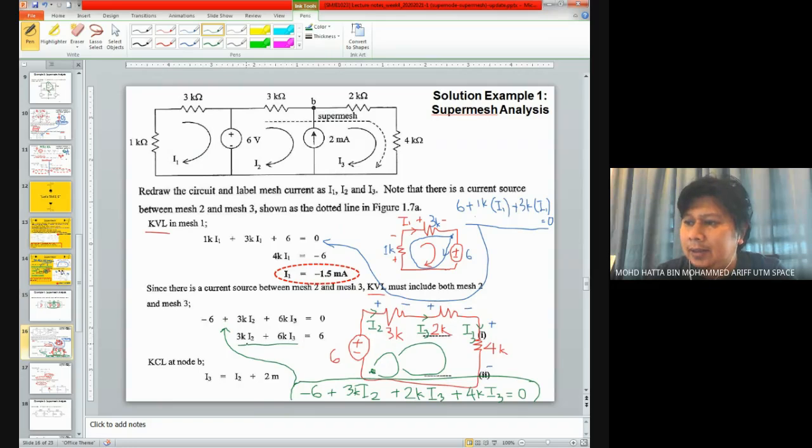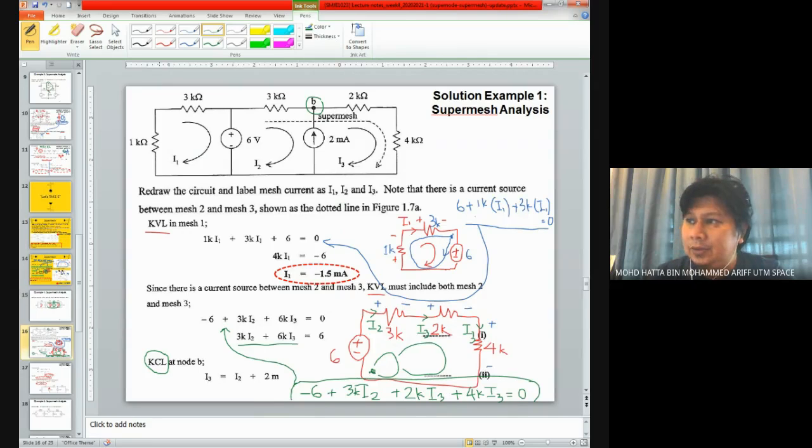And to evaluate the value of I2 and I3, first I need to apply Kirchhoff current law at this super mesh node.